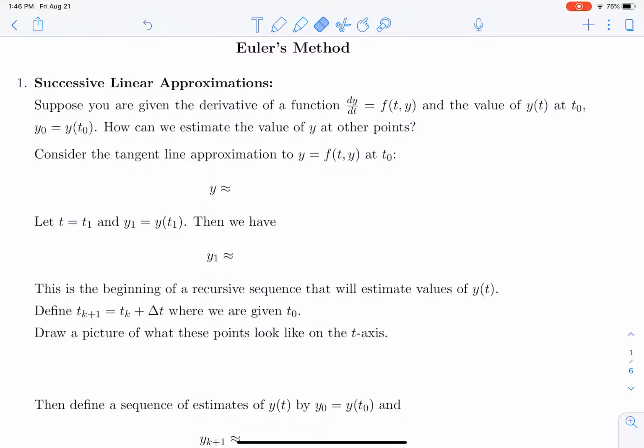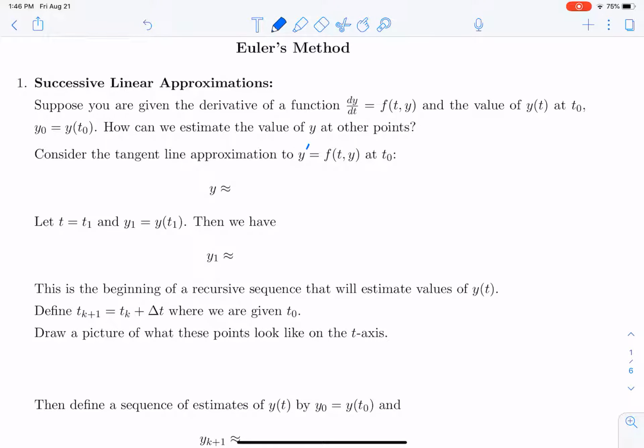The method that we want to use is to follow the slopes. These slopes are the slopes of the tangent line to the solution. So I'm going to write down the tangent line approximation to my solution, y prime equals f of t, y.